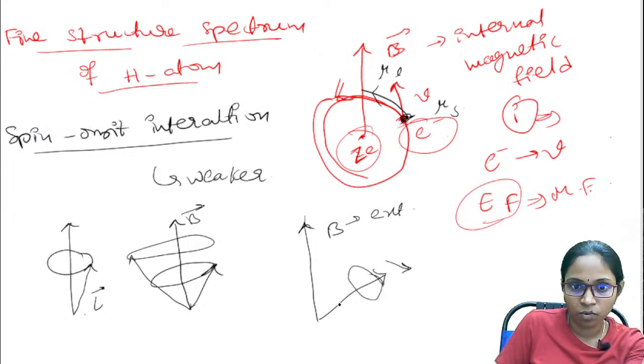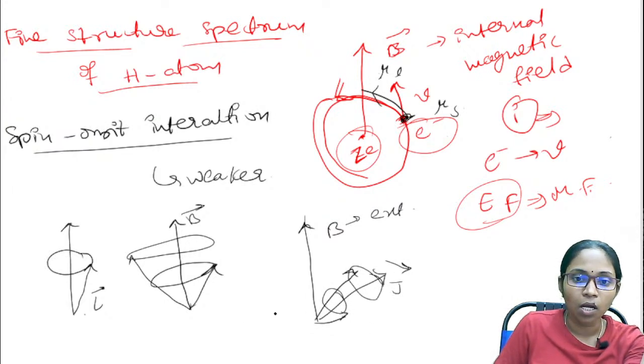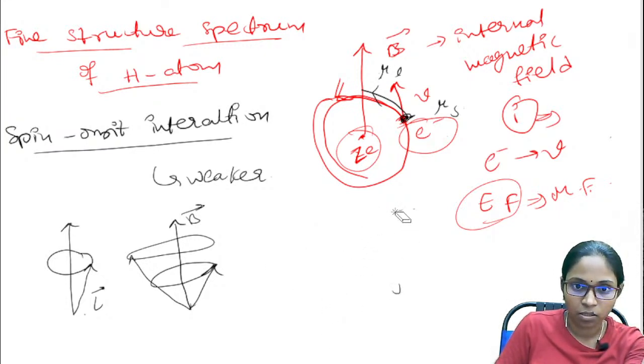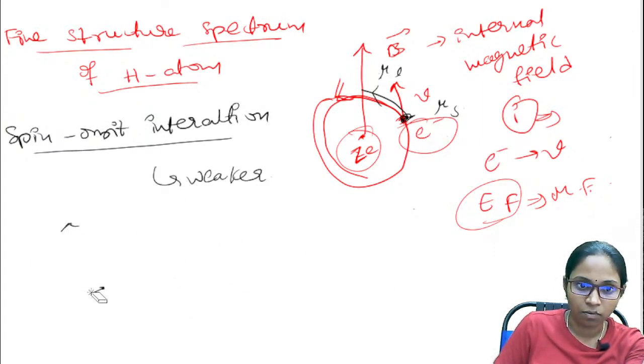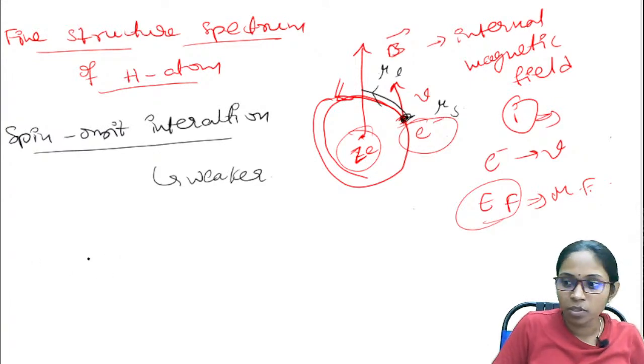That means you will have L bar and S bar in this way, and this will be the J bar. Here we are going to discuss the internal magnetic field only. The external magnetic field effect is known as Zeeman effect, right? Zeeman effect and Stark effect will be discussed in our later classes.